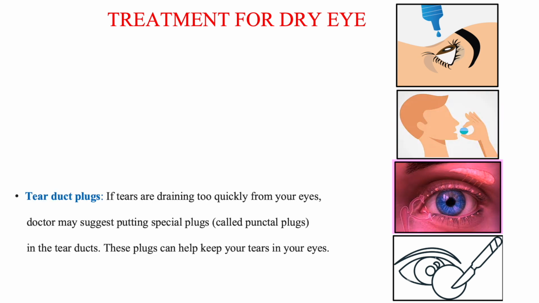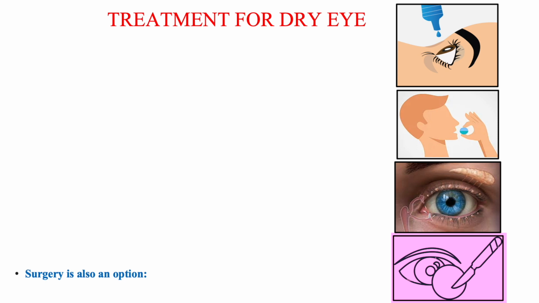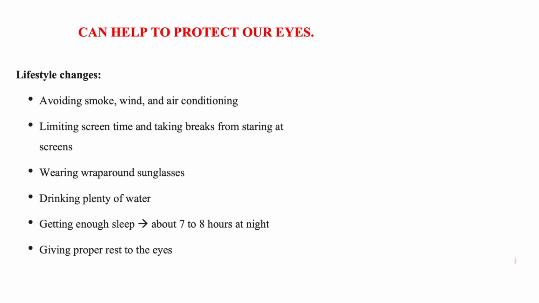Tear duct plugs. If tears are draining too quickly from your eyes, the doctor may suggest putting special plugs, also known as punctal plugs, in the tear ducts, small holes in the inner corner of your eyes. The plugs can help keep your tears in your eyes. Surgery is also an option.